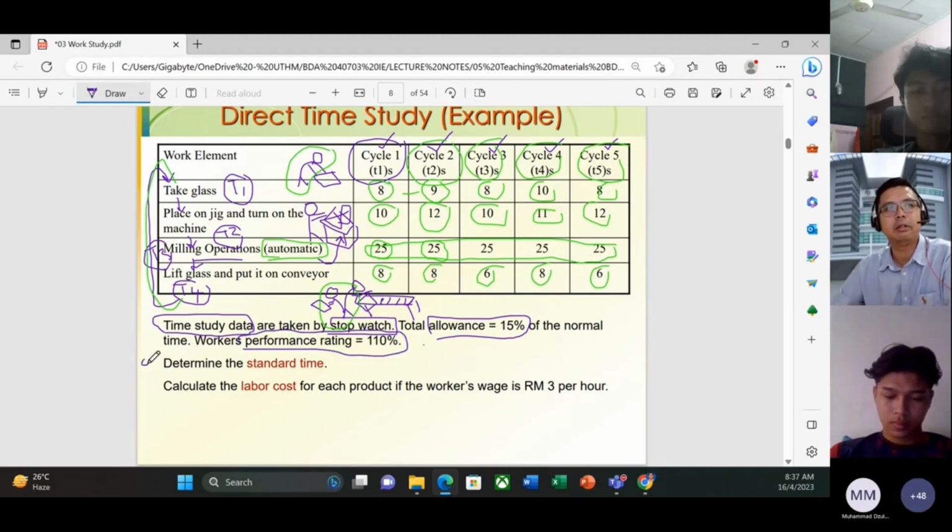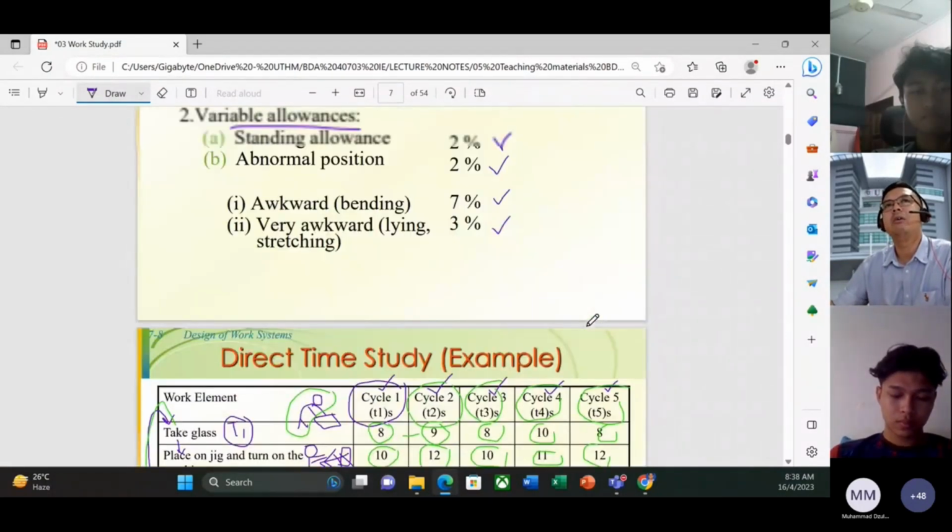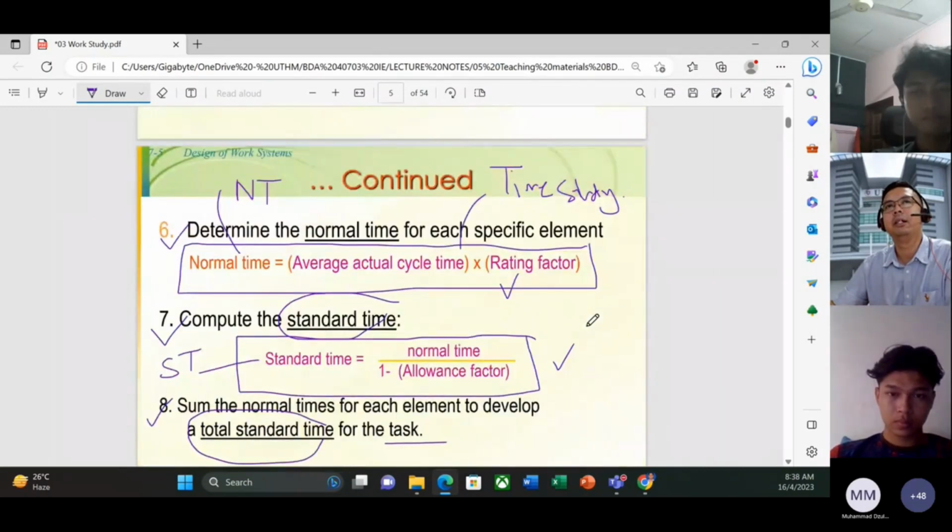Question number 1, please determine the standard time. And question number 2, please calculate the labor cost for each product if the worker wage is 3 ringgit per hour.